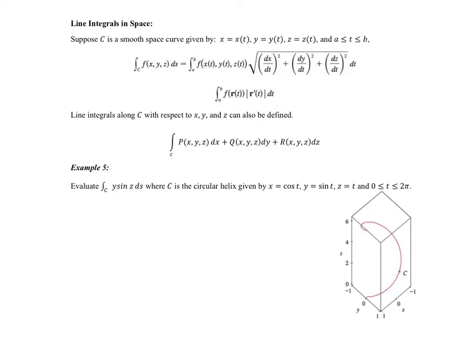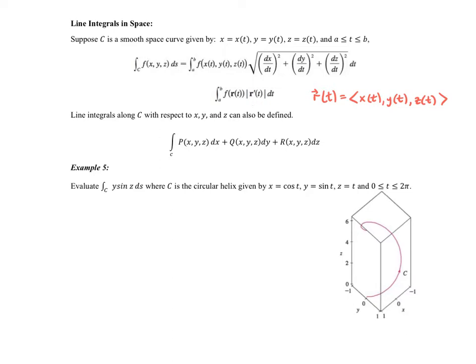In this case, r of t is the vector x of t, y of t, and z of t. So you're changing your function to be in terms of r of t, that vector, and then you're tacking on the magnitude of that because of the transition from arc length ds to dt.